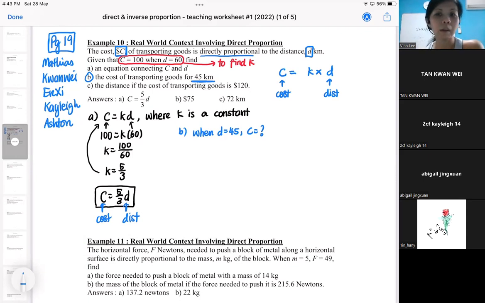If you couldn't interpret the 45 as distance, that's where you get stuck. The 45 they are talking about is the distance. So same here, you put into the formula and you punch calculator. So the cost is $75.